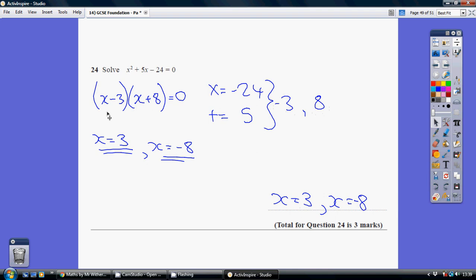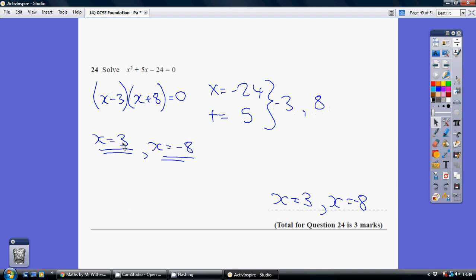And I'll tell you why. When we multiply two things together, this bracket by this bracket, if we want to end up with 0 overall, we need to make the whole bracket equal to 0, because 0 lots of whatever is 0, and going the other way, 0 lots of whatever is 0. So down here you've really got to say to yourself, what value of x will make the whole bracket 0?